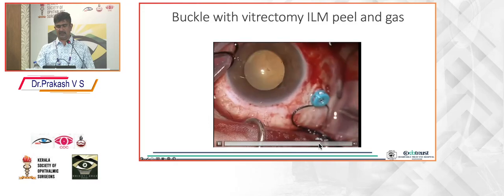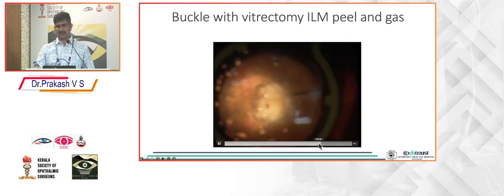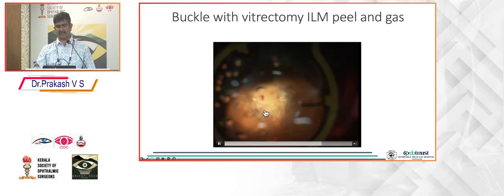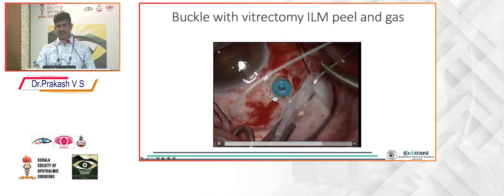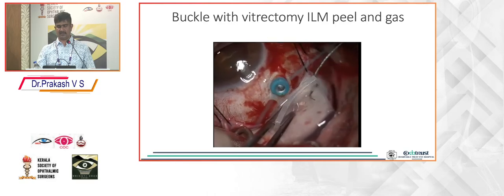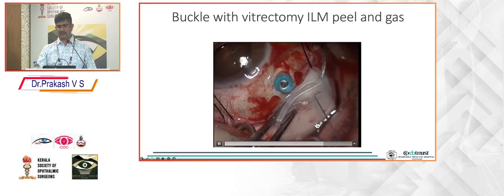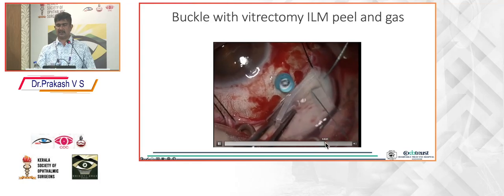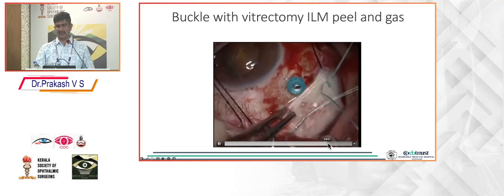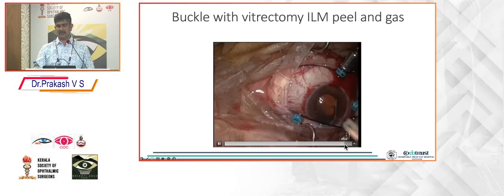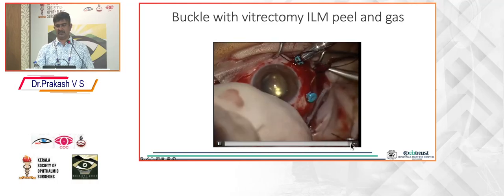You can see the mound developing, where I am placing the buckle. Once you confirm the position of the buckle, it is sutured onto the sclera, and the 240 element is tightened so that it is held from the other side also. After that, it's only a routine surgery. You do a fluid air exchange and put C3F8 gas.